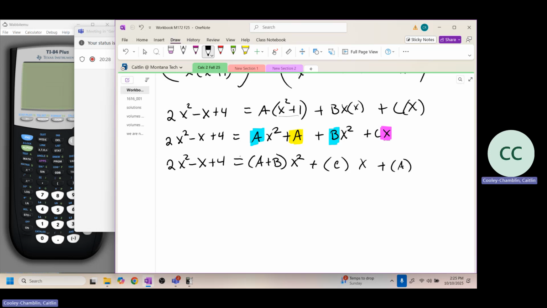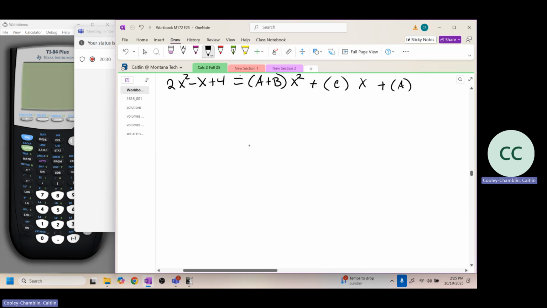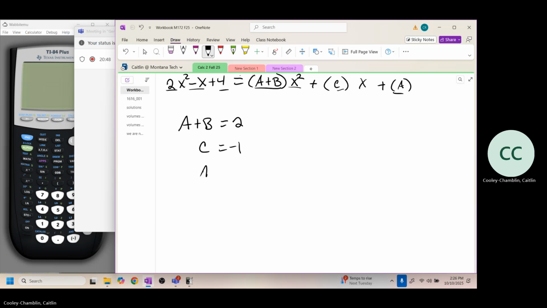Then I'm going to write my systems of equations. So the number in front of x squared is 2. So I have A plus B equals 2. C equals -1. And then A equals 4. All right, the only thing I don't have is my B. So I'm going to use this equation right here, equation 1.